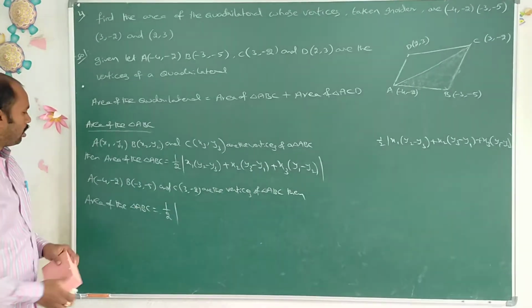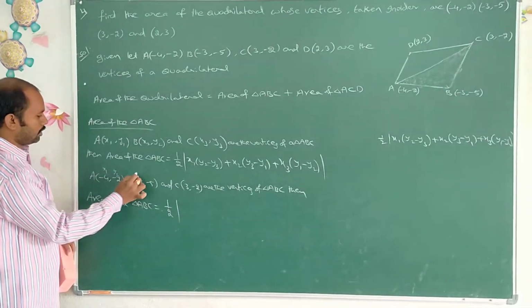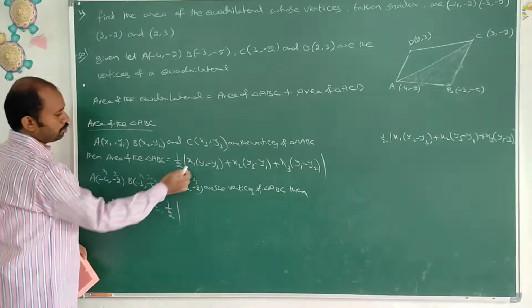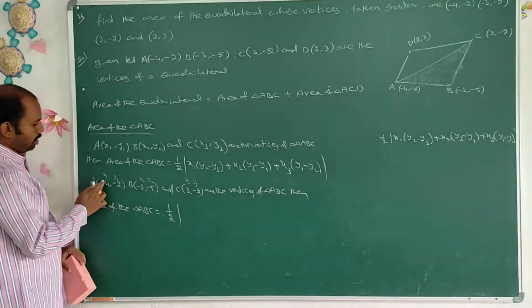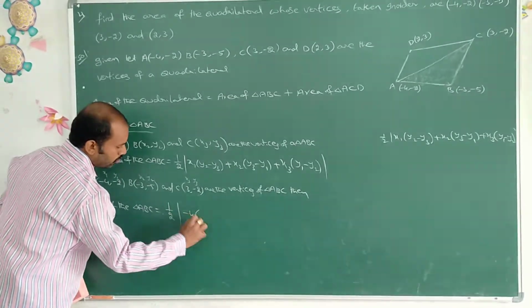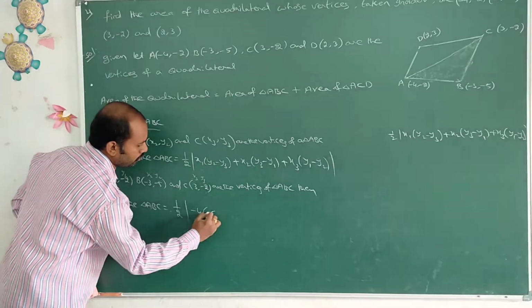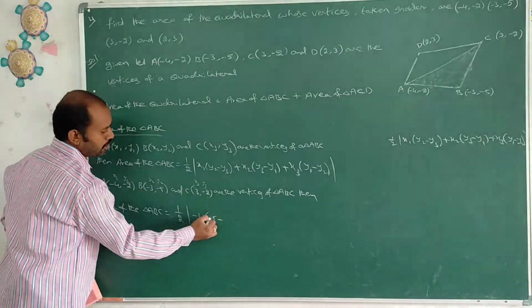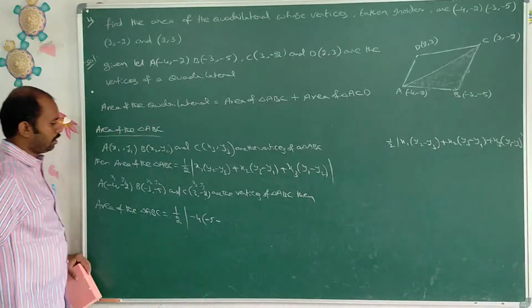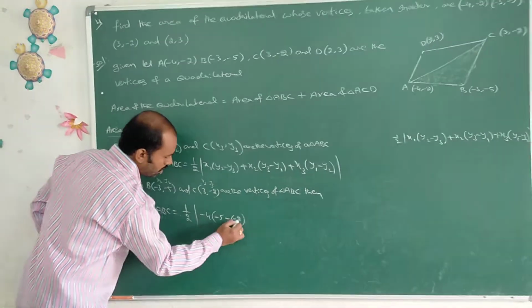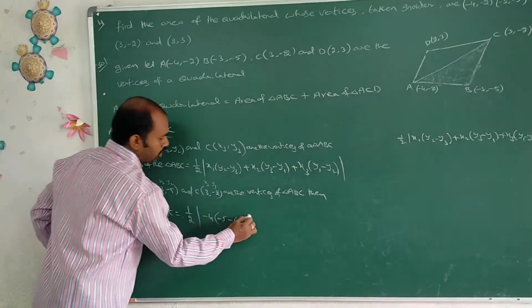Now substitute in the formula. First x1. Here x1 means minus 4 into (y2 minus y3). Y2 means here minus 5. Minus, in the formula minus is there, so you write minus. Next y3. Y3 means here minus 2. Already minus in the formula and the y3 value is also minus 2. So the first term is over.